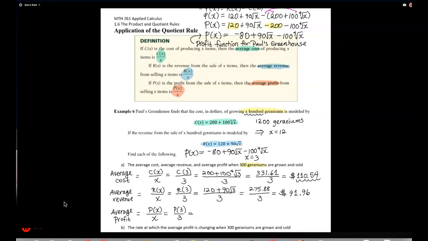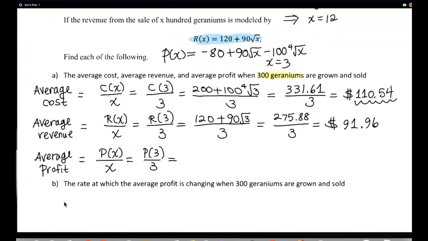That's what we found by subtracting earlier, right? So I'll go ahead and use that because we came up with it. And now we'll go ahead and divide by 3. We don't have to do it this way, but why not? We found the profit function earlier.